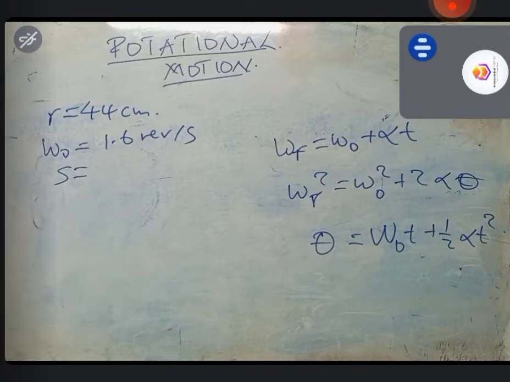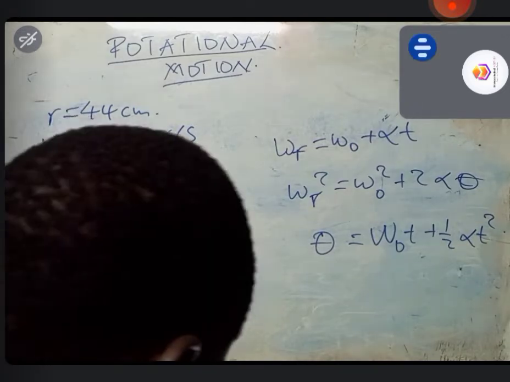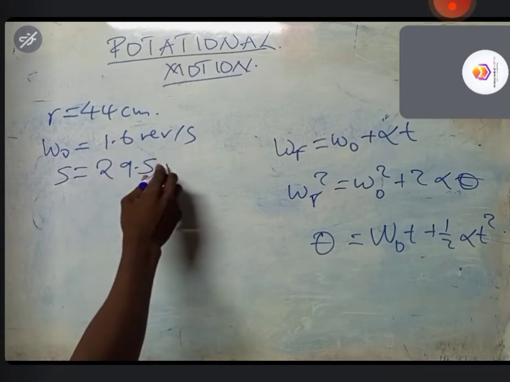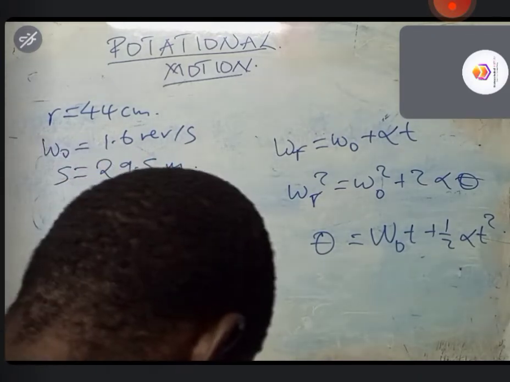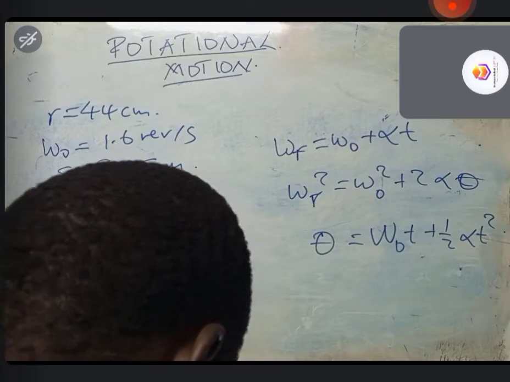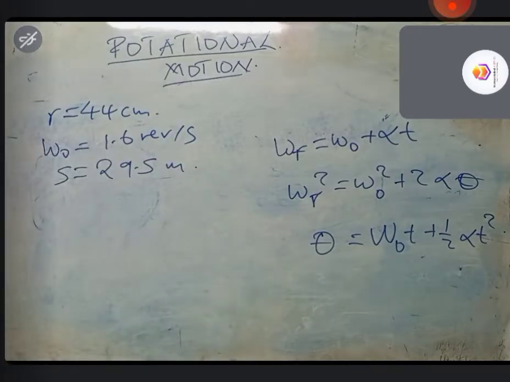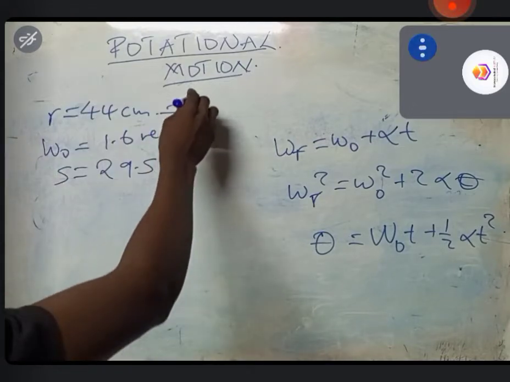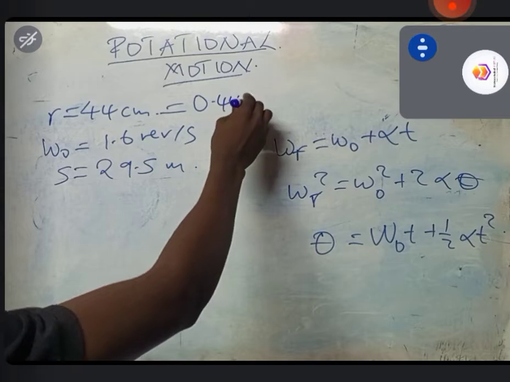So is that linear or is it angular? 29.5 meters. Okay, so you're able to tell by the units. So 29.5 meters. Is it angular or linear? Okay, so we have to convert it. Of course, the radius has to be in meters, so it would be 0.44 meters.